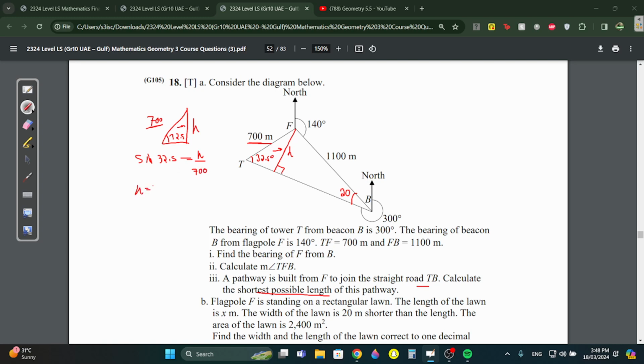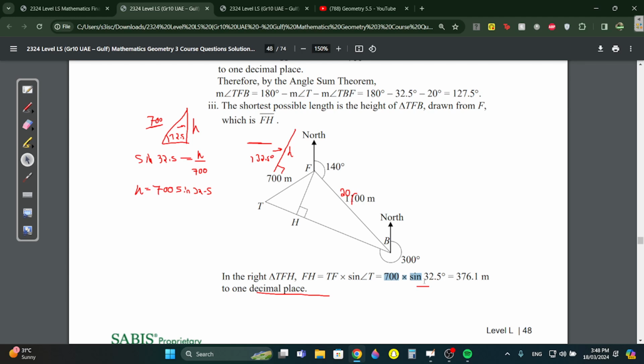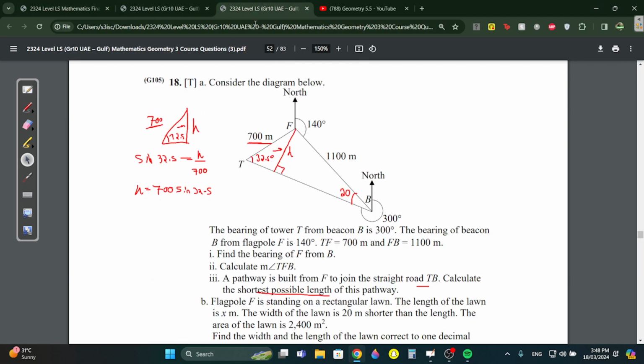Cross multiply, you get h equals 700 sine 32.5, which is 376.1. If you want to use the other side, it will be 1100 sine 20, but you're going to get 376.1.